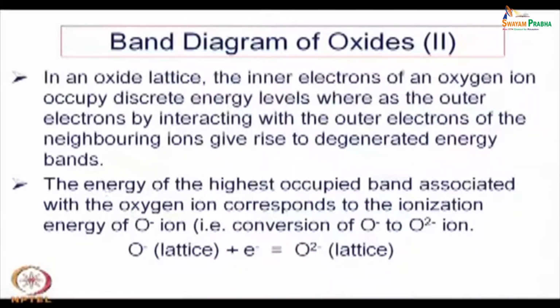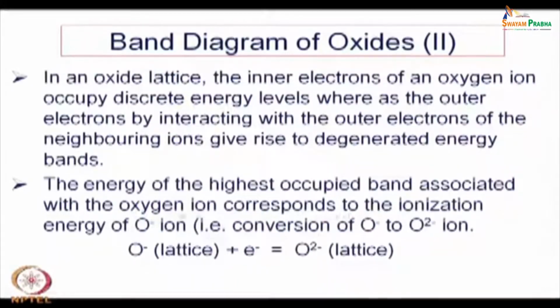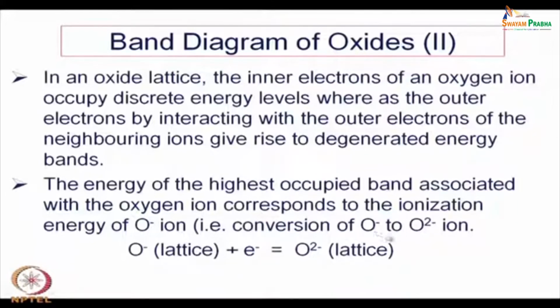The energy of the highest occupied band associated with the oxygen ion corresponds to the ionization energy of the O minus ion, that is, the conversion of O minus to O2 minus ion. So, the overall energy change is here. We are considering the O minus ion, not O2 minus to start with. When you add an electron, it becomes O2 minus.